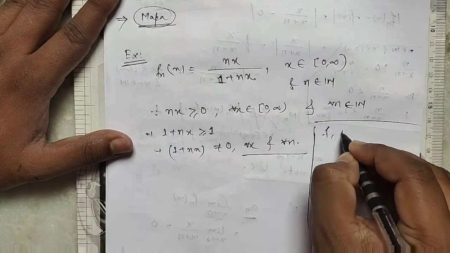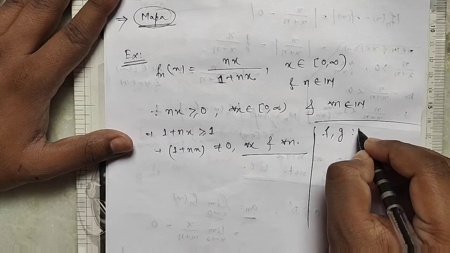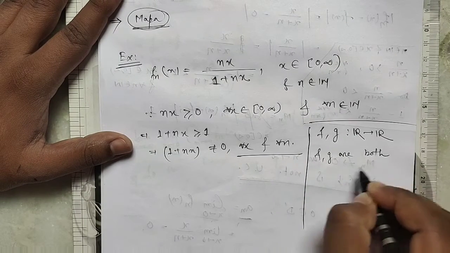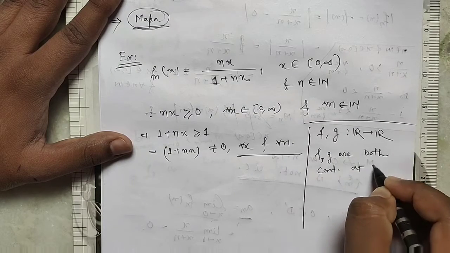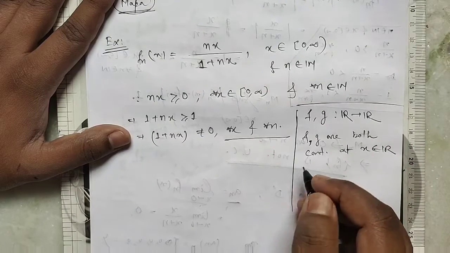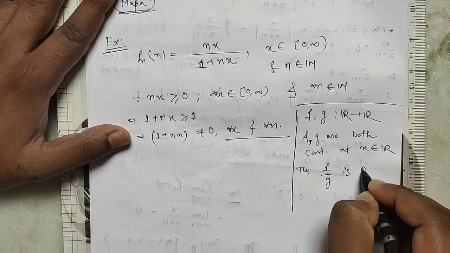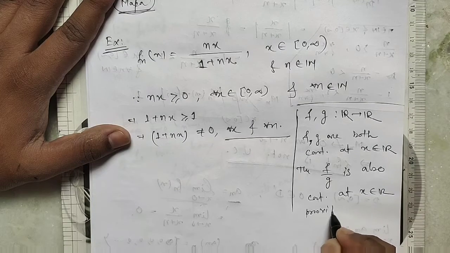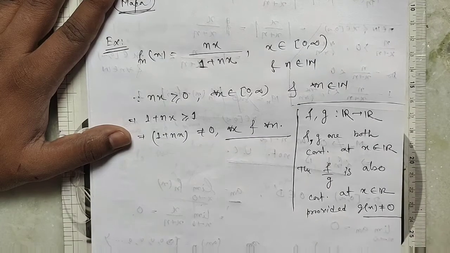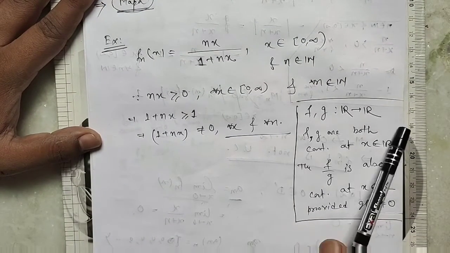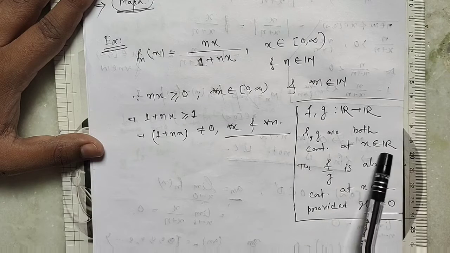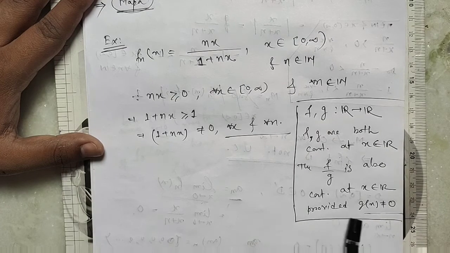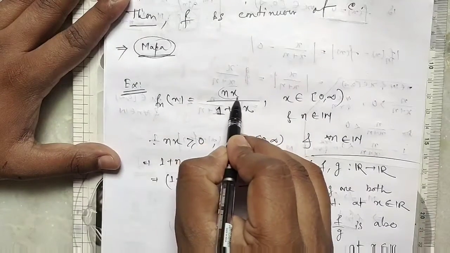We know that if f and g are two functions from R to R, and f and g are both continuous at x belongs to R, then f/g is also continuous at x provided g(x) is not equal to 0. So f and g being continuous at a point x, the function f/g is also continuous at x provided g(x) is not equal to 0. Here nx is a polynomial, so it is a continuous function.